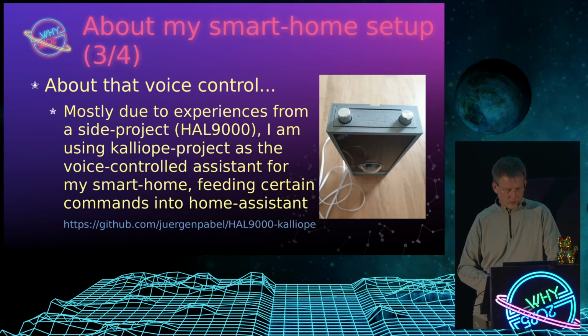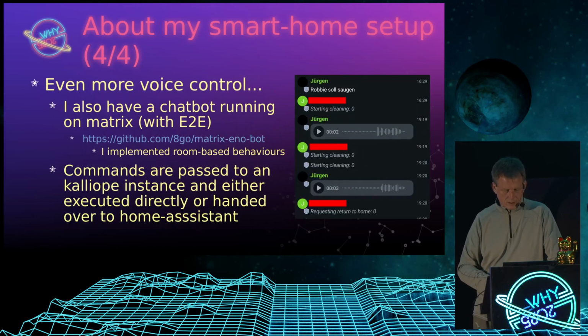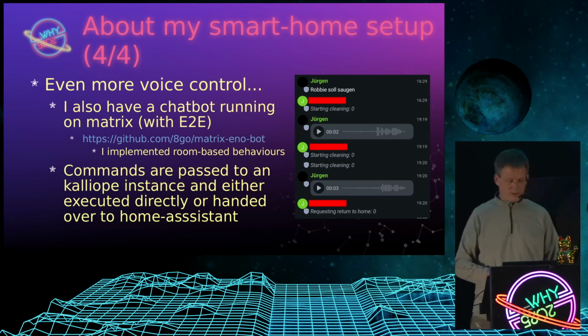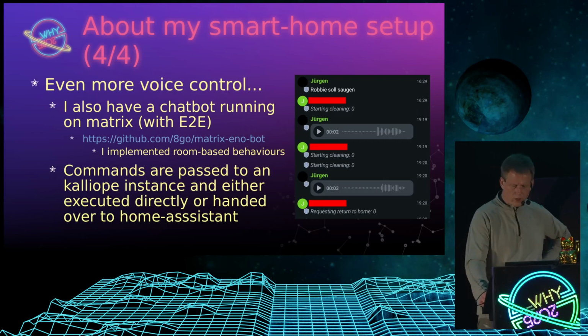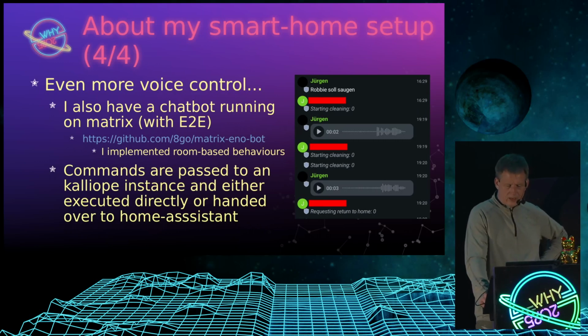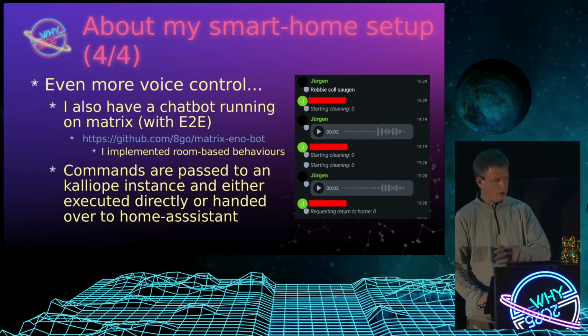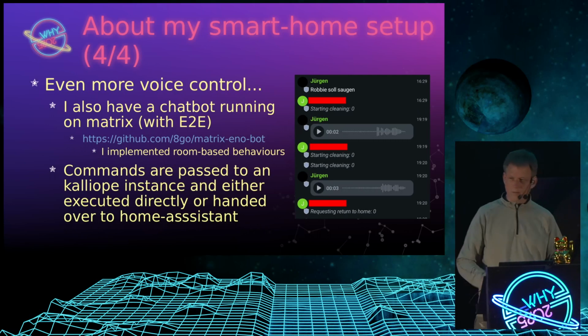The next part is that I also set up a Matrix channel. Matrix, the messenger. I work in security, so it has to be end-to-end encrypted, authenticated, and so on. I'm using the Matrix Eno bot, and the bot used to be purely command oriented. So you'd send a ping command and then something, and if you configure it, it would ping a system or whatever.